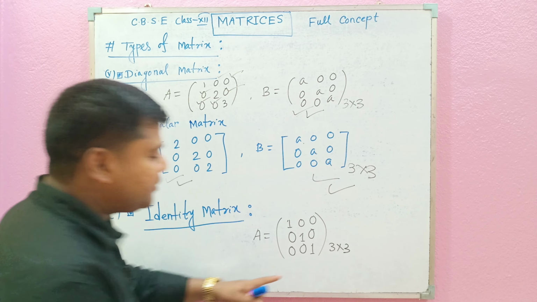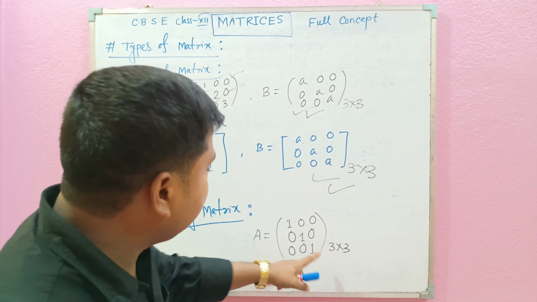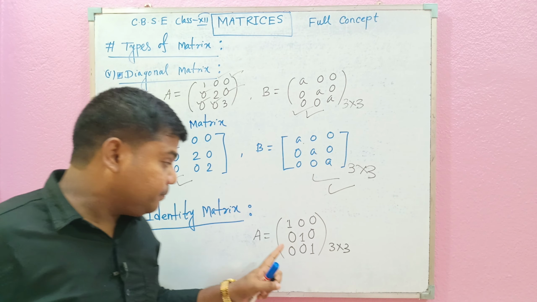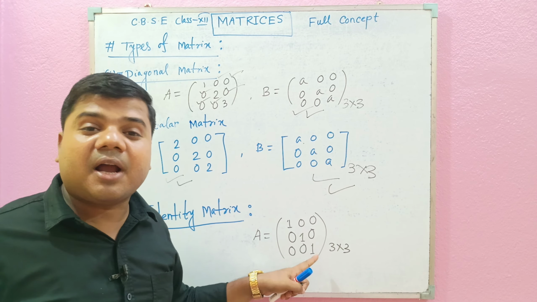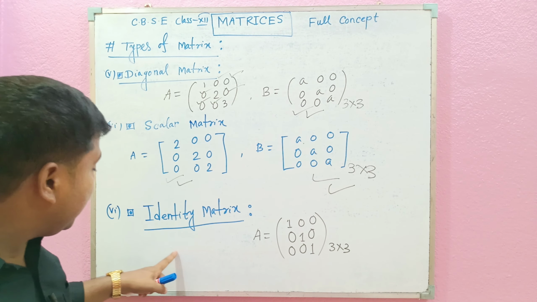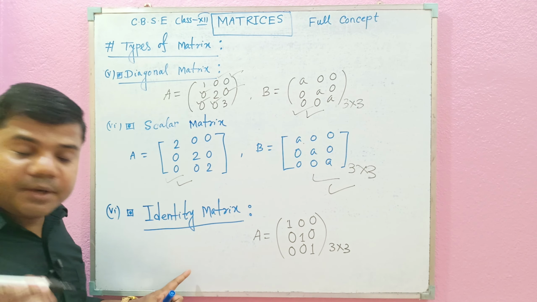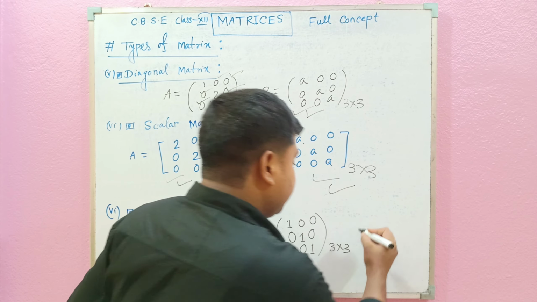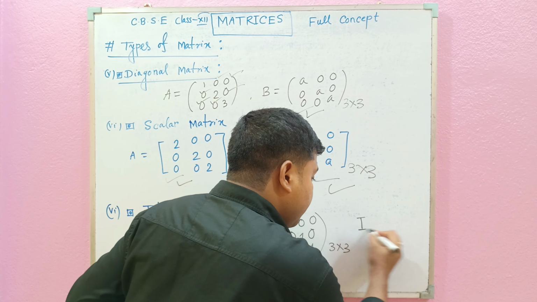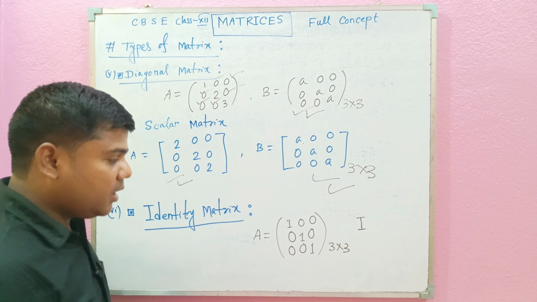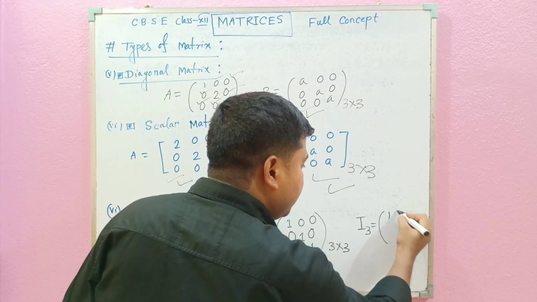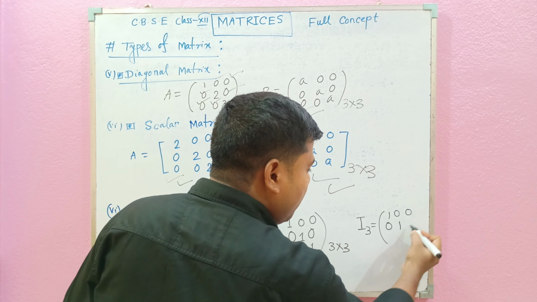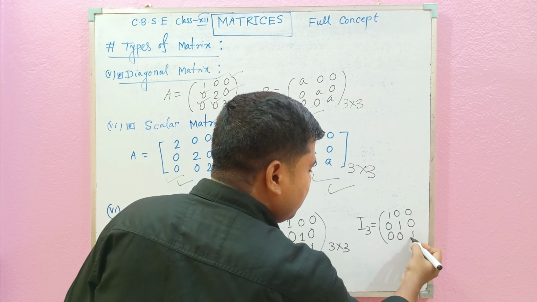This is a 3 cross 3 square matrix. So all the diagonal elements are 1. So this is an identity matrix. We denote the identity matrix by I.